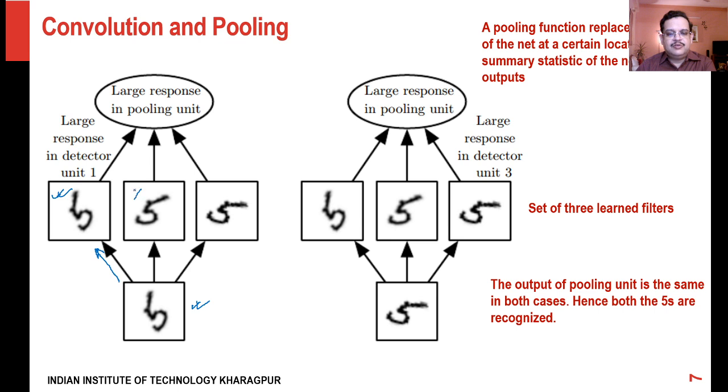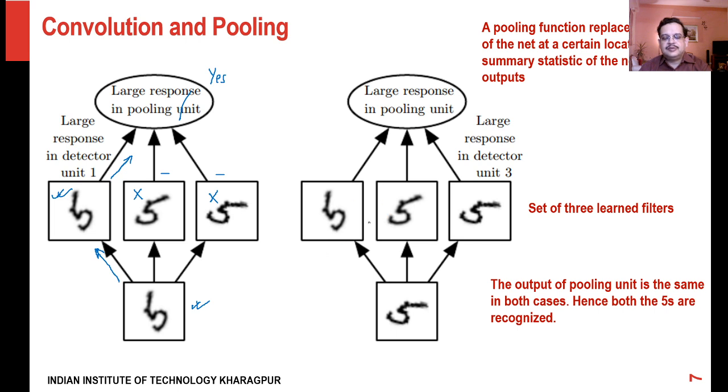This fellow will say I don't see a 5, this fellow will say I don't see a 5. So the activation will come out from this in high amount. The activation for these will not be very significant. Now if we put a pooling layer here which collects whatever it gets from the 3 and takes, say for example, a max of the activations, then it will say yes, a 5 is detected.